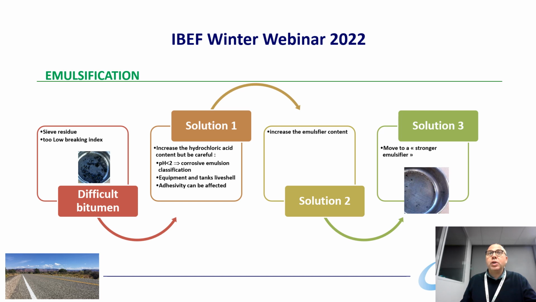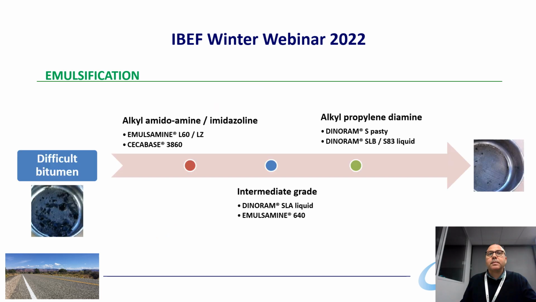The second solution is to increase the emulsifier content. If the emulsification is still bad, it is necessary to move to a stronger emulsifier. The stronger emulsifiers for rapid setting emulsions are from the alkyl propylene diamine family. They can emulsify a wide range of bitumen.